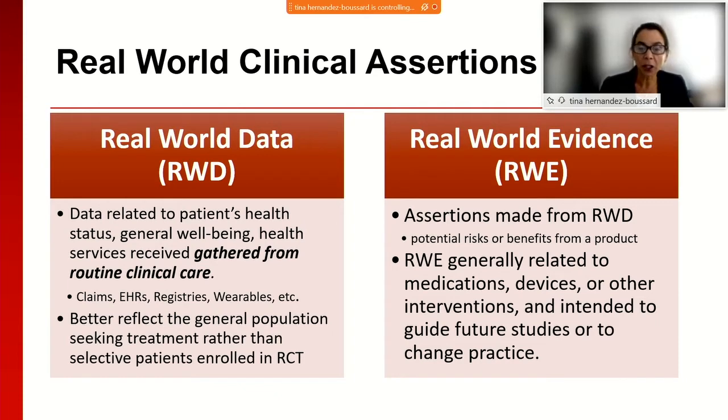This can be EHRs, registries, wearables, claims data, etc. And these data are likely to better reflect the general population seeking treatment rather than the select patients enrolled in a clinical trial. And then real-world evidence is obtained from these real-world data. These often include information on potential risks or benefits from a product, and importantly, we can assess information at the population level.